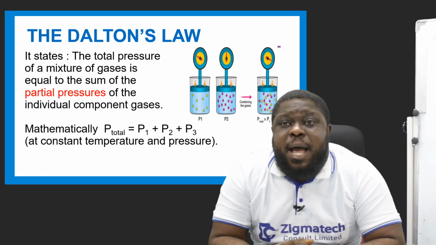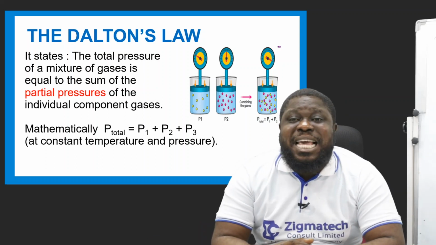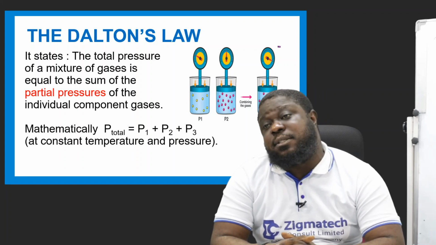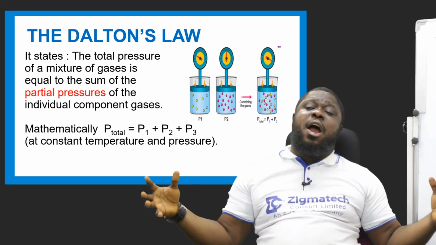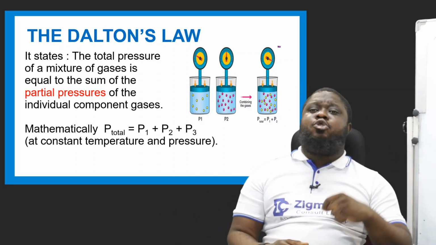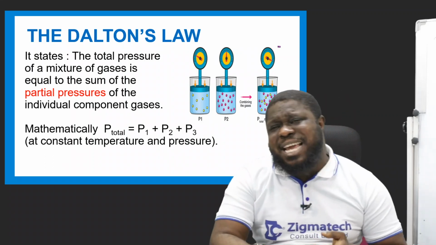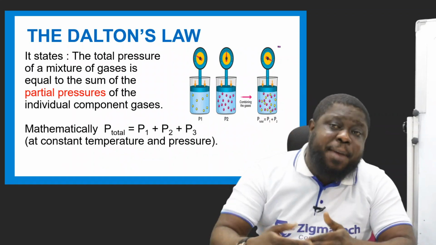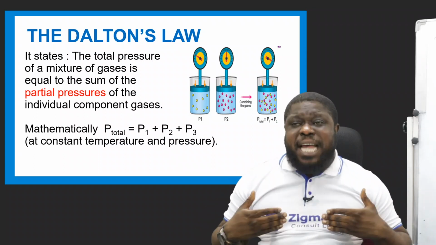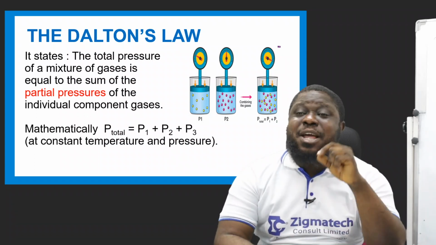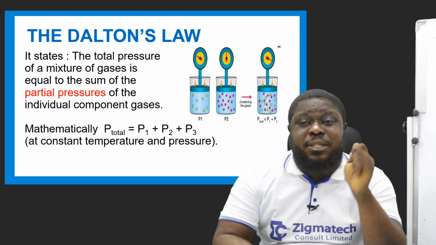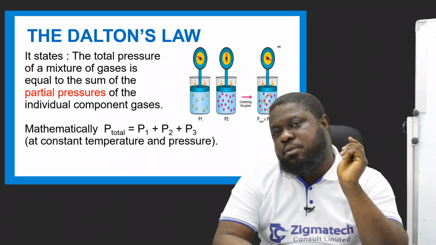So now, Dalton's law of partial pressure states that the total pressure of a mixture of gases is equal to the sum of the partial pressures of the individual component gases. When you add all the gases together, it's going to be equal to when you separate them in counting. Their pressures must be counted separately. When you exert pressure on the gas and you want to calculate their pressure, you calculate their pressure separately at constant temperature and pressure.